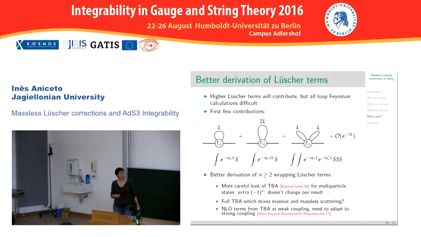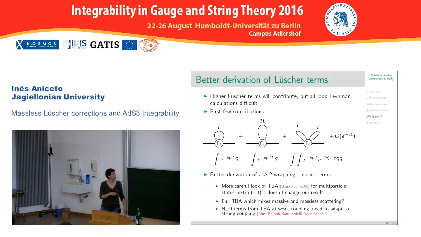In particular, with a more careful look at the TBA, we can see that in our mode number expansion there's a (-1)^n that needs to be included. But in fact, all odd corrections in the circular string case cancel out, so for our calculation it doesn't change anything.